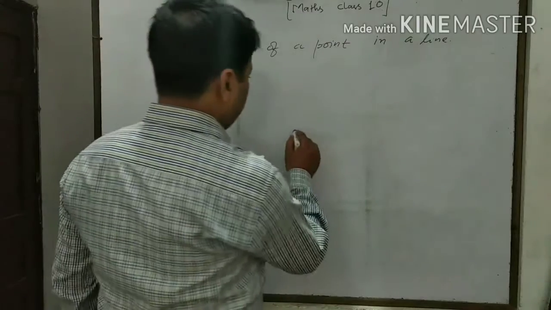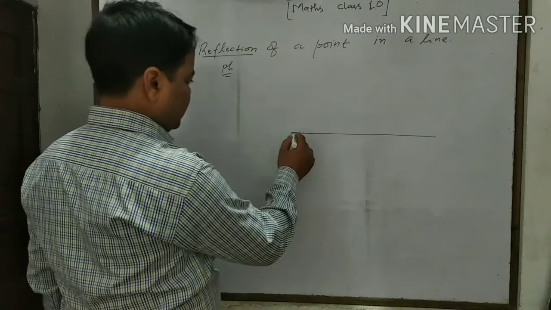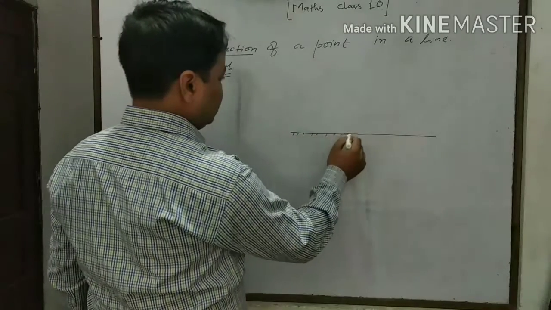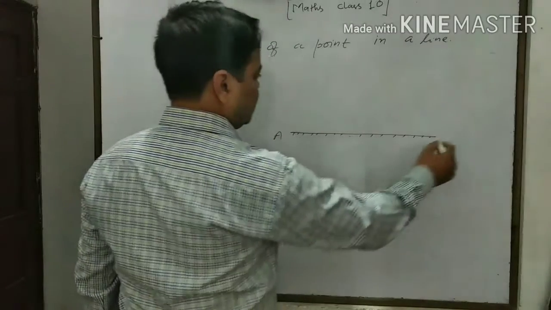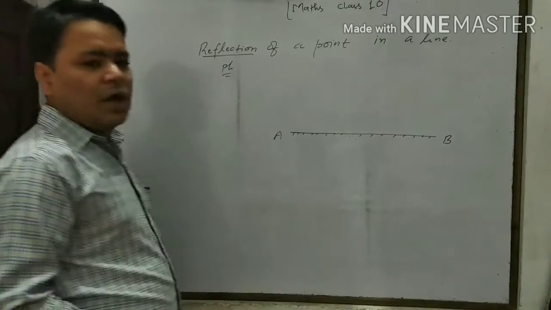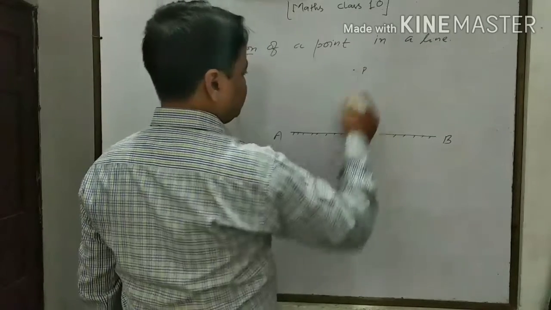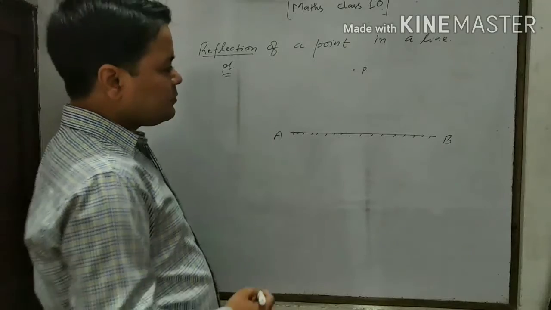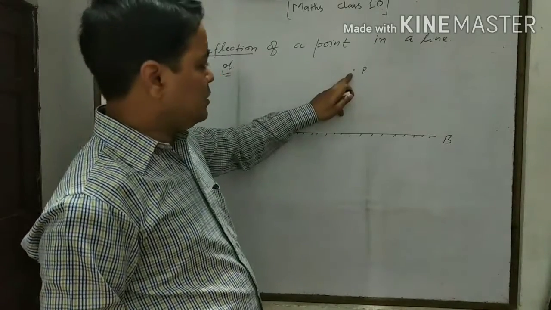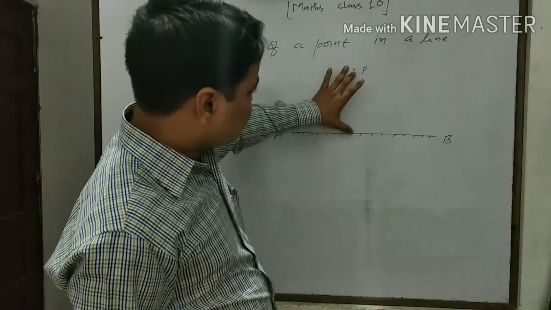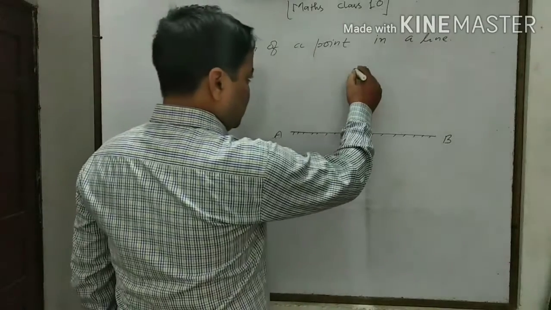Just like if we imagine a mirror here, let this be the mirror AB, and we have an object P here. Then we know that the image of this object P will be at the same distance just behind the mirror here.